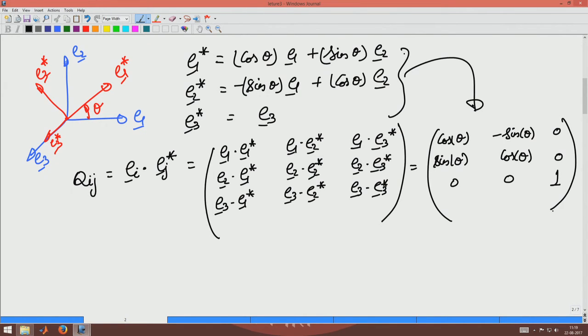Okay. That is what you get the Q_ij matrix to be.